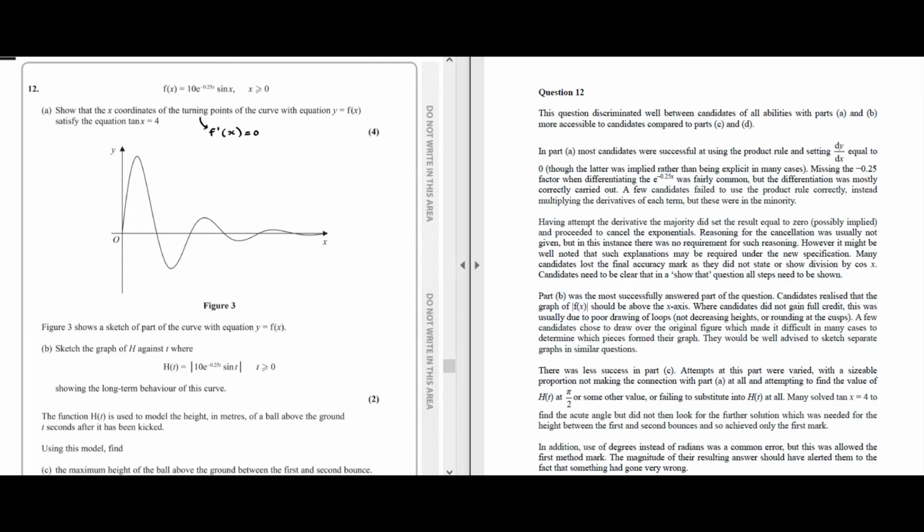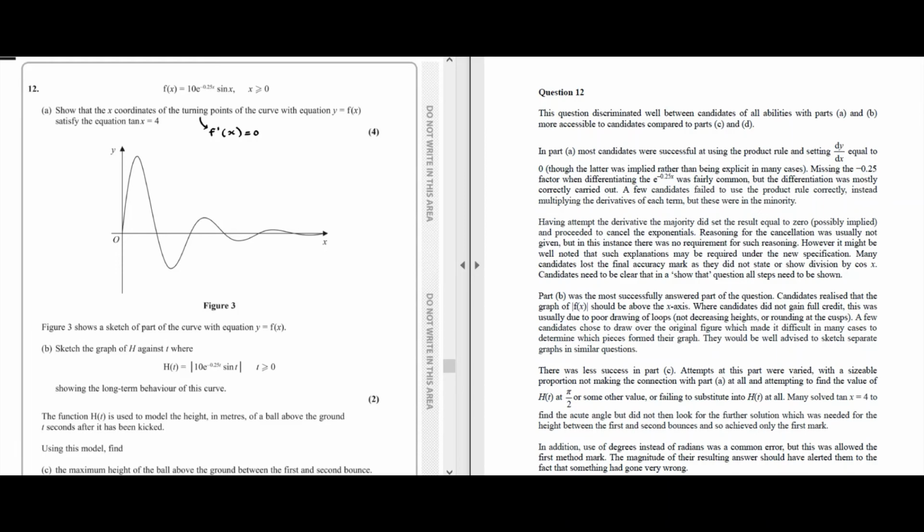Having attempted the derivative, the majority did set the result equal to 0, possibly implied, and proceeded to cancel the exponentials. Reasoning for the cancellation was usually not given, but in this instance there was no requirement for such reasoning.